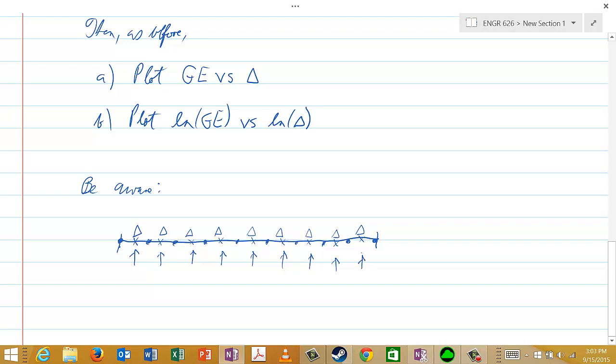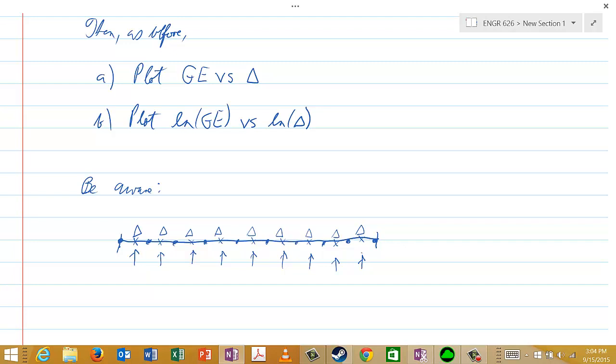The solution that you calculate with spacing delta over 2 is defined at both the x's and the circles, but the solution with the original spacing of delta is only defined at the circles. So there are two ways you could solve this problem. You could use linear interpolation to figure out what that original solution would be at the midpoints.